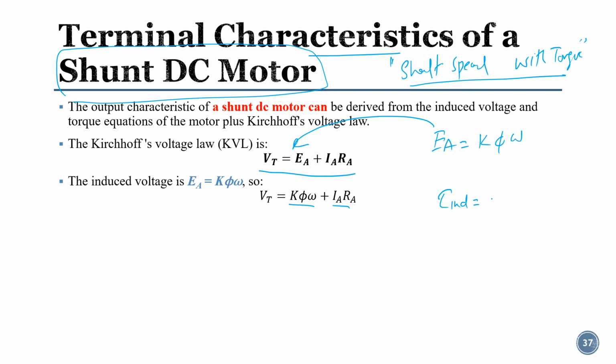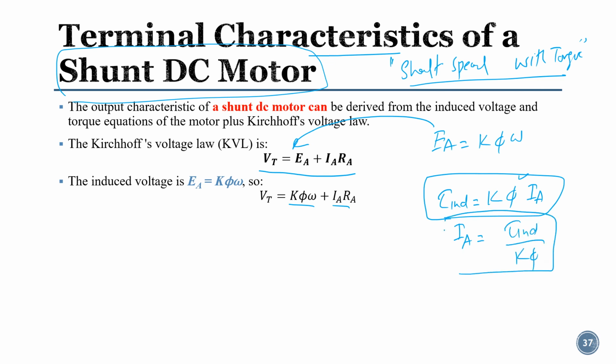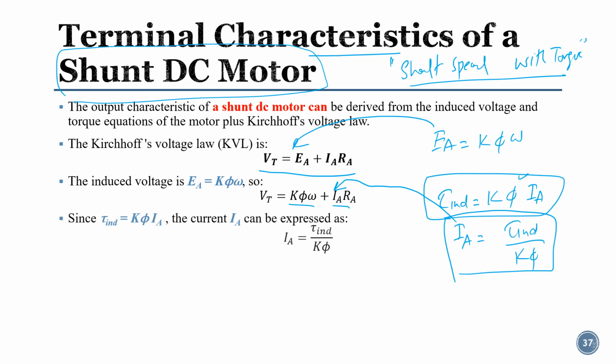Earlier we derived that the induced torque is equal to K flux times the armature current. So I can say that the armature current is equal to the induced torque divided by K times the flux. I can put this expression for Ia here, and we get this form of the Vt.